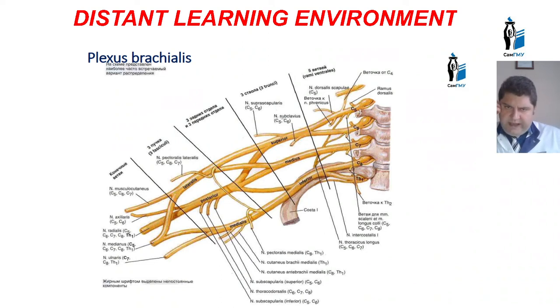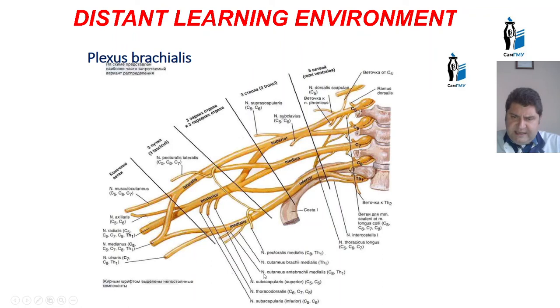And also we can see the pectoral nerves, medial and lateral pectoral nerves, which innervate the pectoral muscles, major and minor. And also you may see the short branches to the latissimus dorsi muscle, to the teres major muscle and the subscapular muscle.